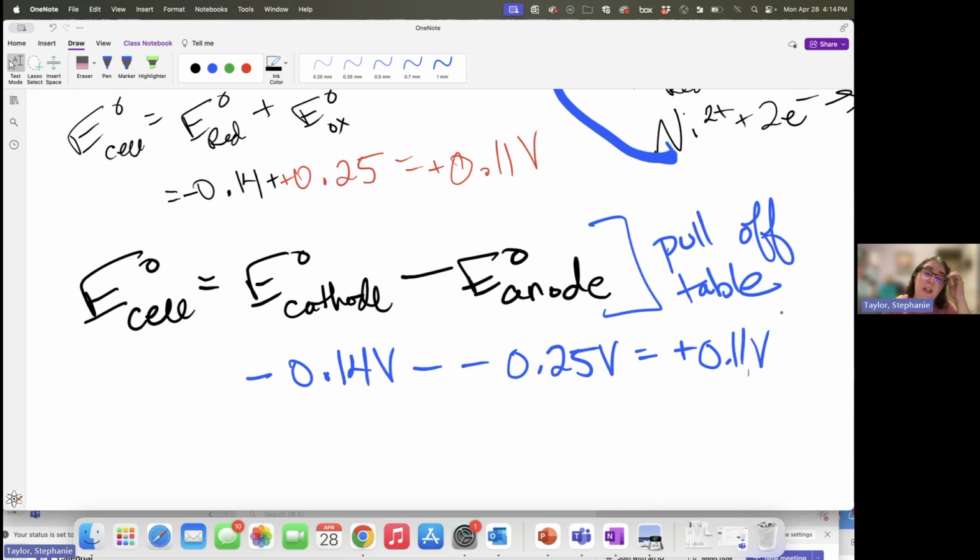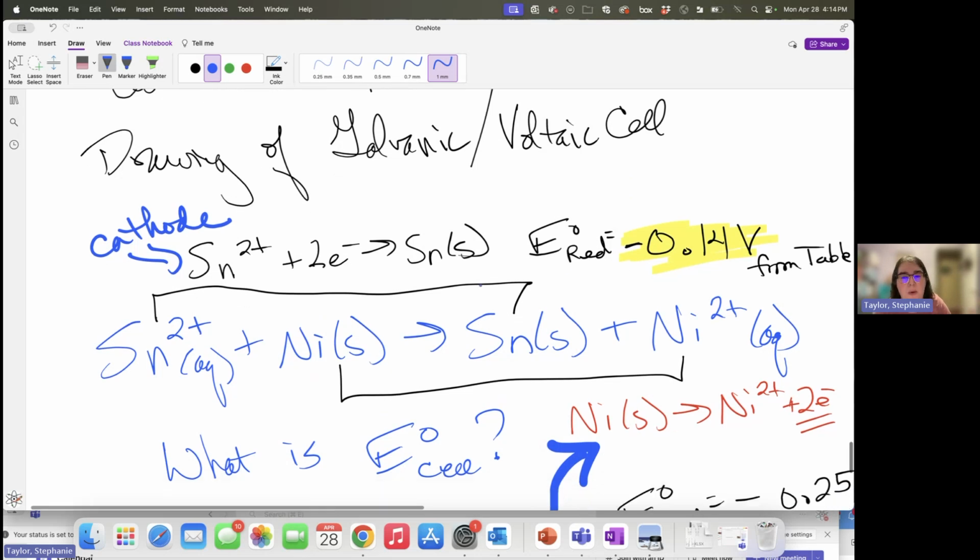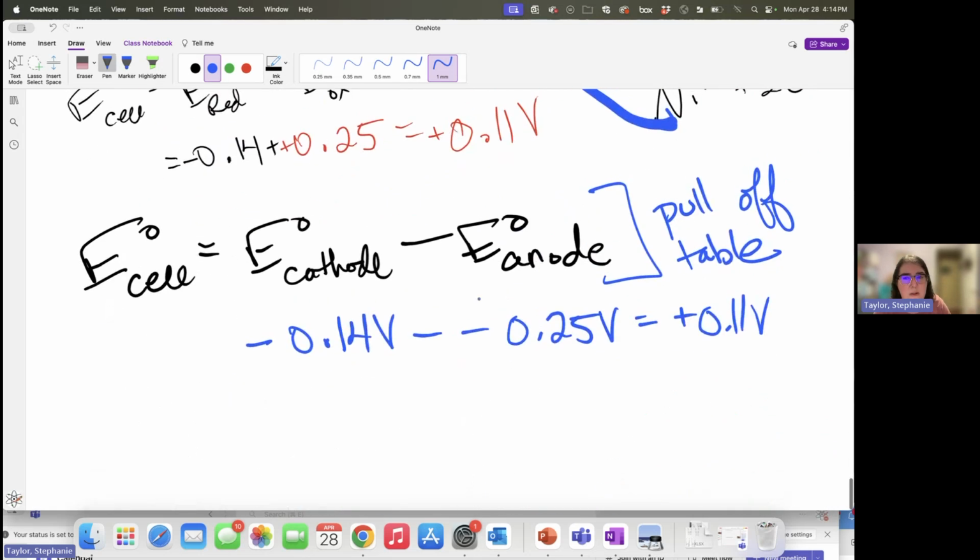Now, that last one certainly looks like it's a lot faster. Keep in mind, we already pulled all the numbers off of the table. I didn't walk through the fact that, since I know the tin is being reduced, that makes this reaction my cathode. So my negative 0.14 goes as my cathode.